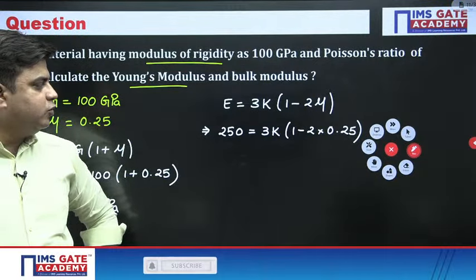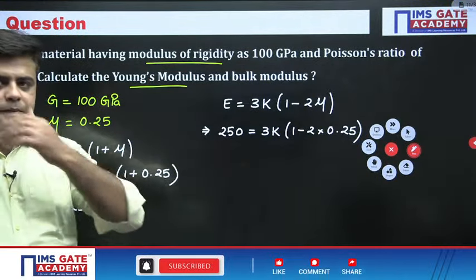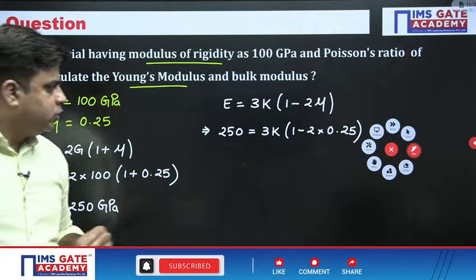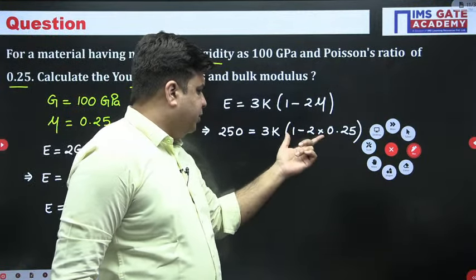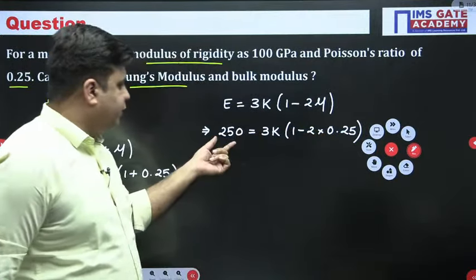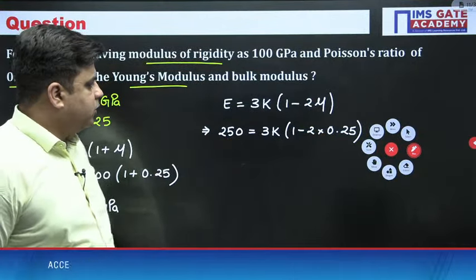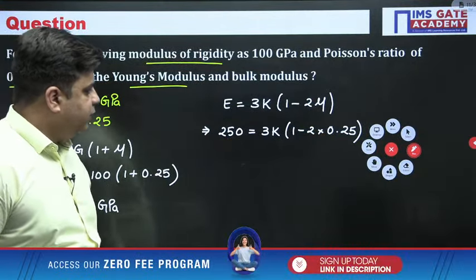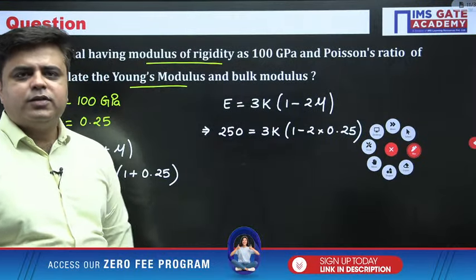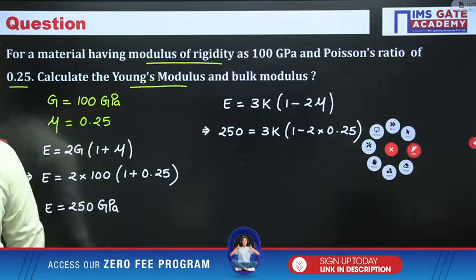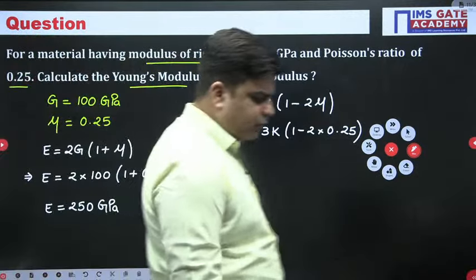So E is equal to 250. Now calculate K. 1 minus 0.5 will be 0.5, so this will be 125 by 3.